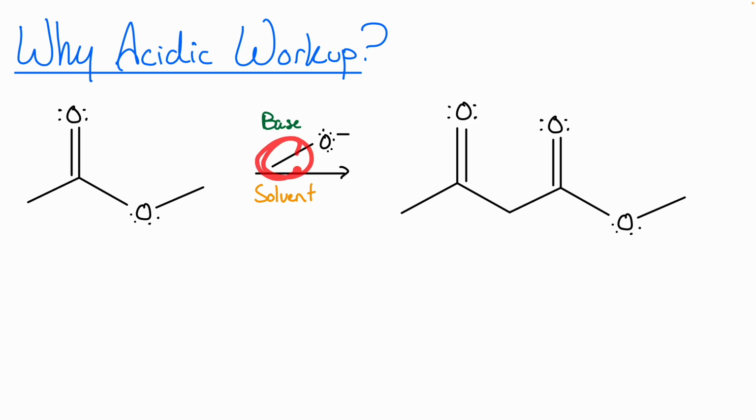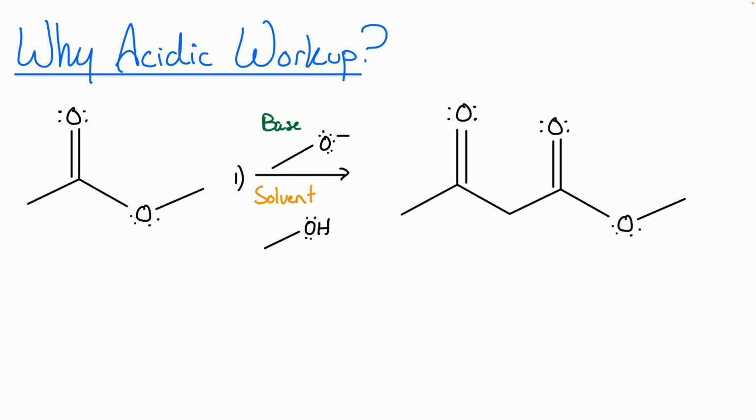If we use a 1 carbon alkoxide, what should we use for our alcohol? A 1 carbon alcohol, and hopefully everybody knows that this is methanol. But that's step 1 here, and like we said, our last step is going to be this acidic workup, but why?